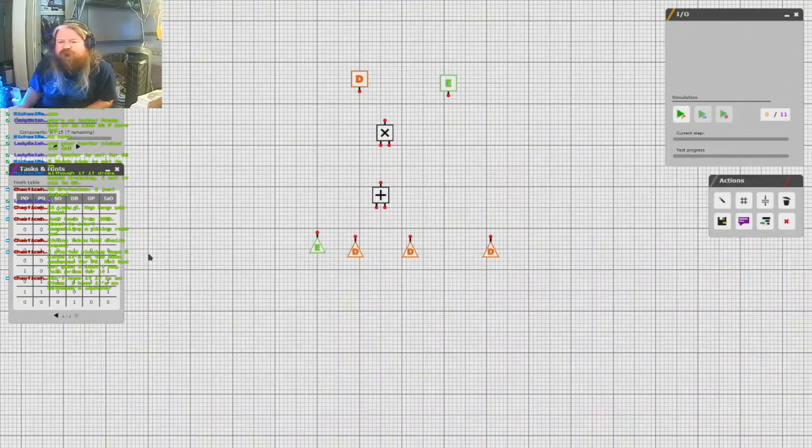Okay. Door blocked. I need to invert that.